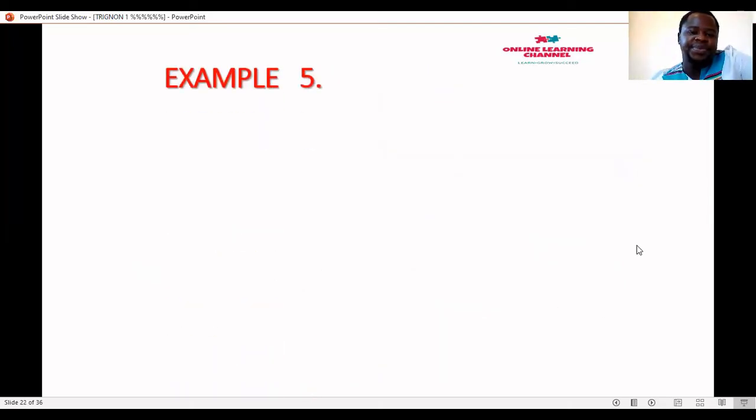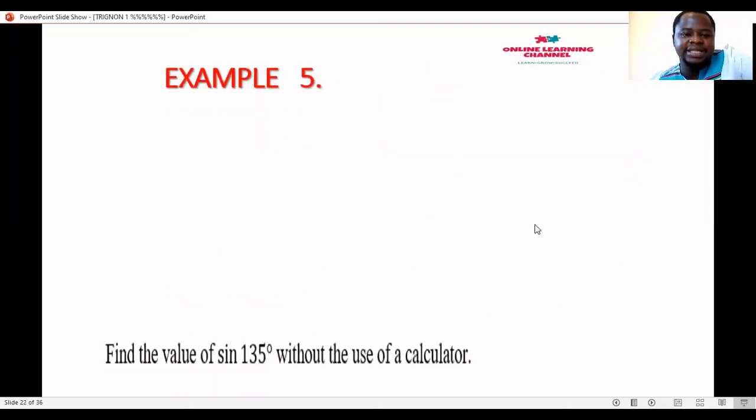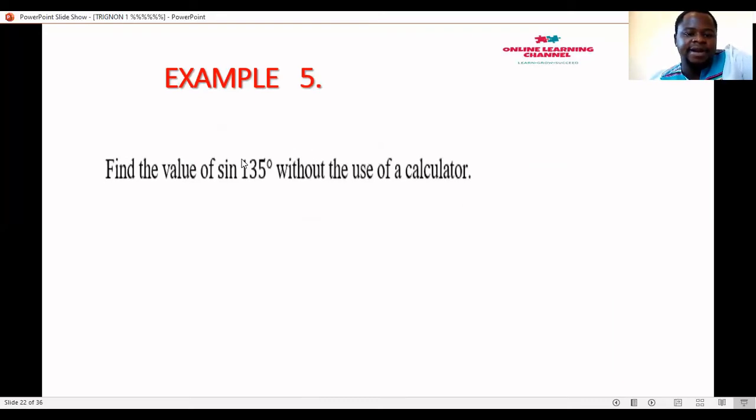So now let's look at example 5. Find the value of sine 135 degrees without the use of a calculator.